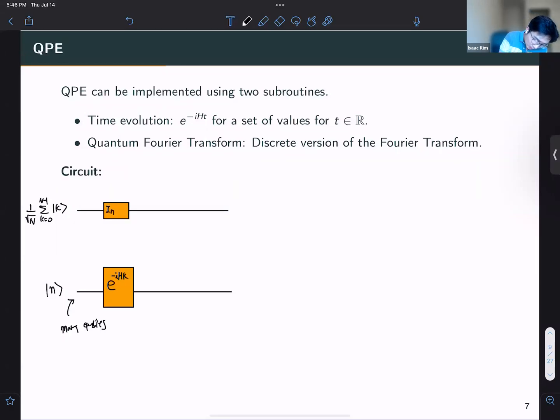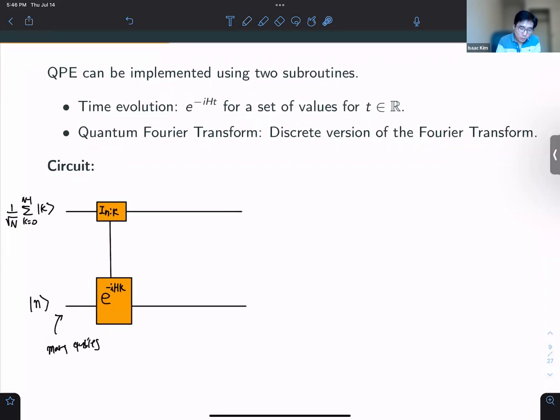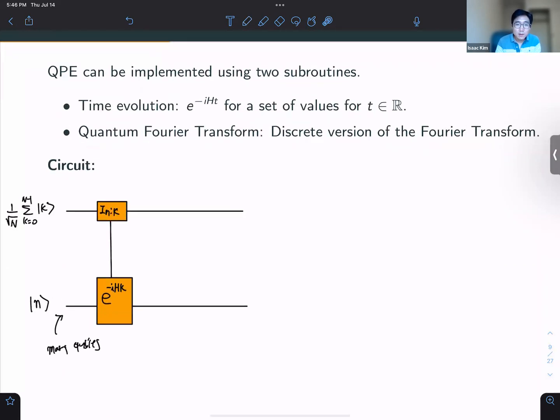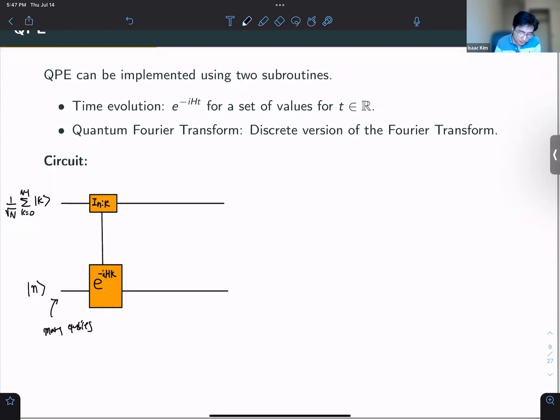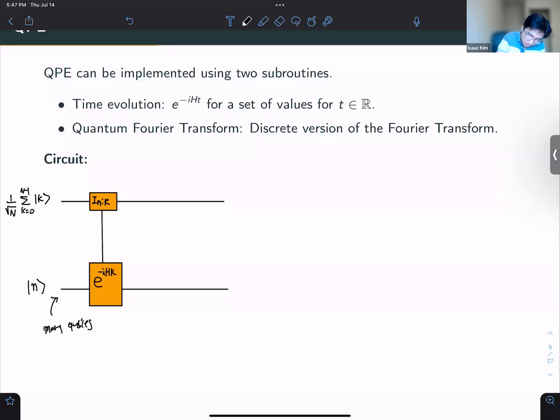Let me show you this. I'll first draw the diagram, and then explain what it means. If it is not clear, please let me know, because this is important. In circuit diagrams, here you see I wrote down N, that means the input. What I'm saying is that if the input is K, then I'm applying e to the minus iHK to N. More explicitly, let's call this entire unitary U1.